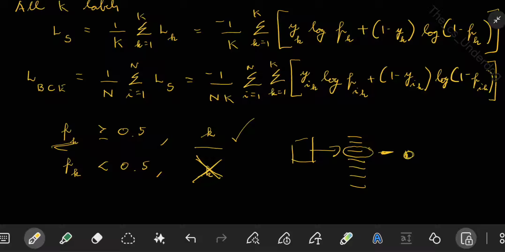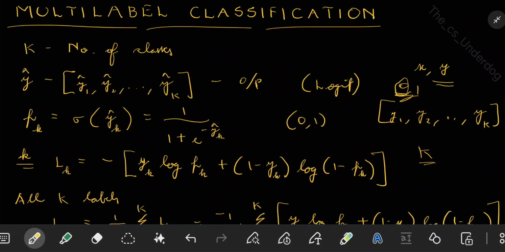Otherwise, you will say no, it does not belong to this class. Similarly, you will do this for each of the k classes. And what output will you have? Your model would at this point tell you clearly it belongs to these classes and it does not belong to these classes. So for each sample, your model will be able to provide this information. This is how you are going to do multi-label classification.